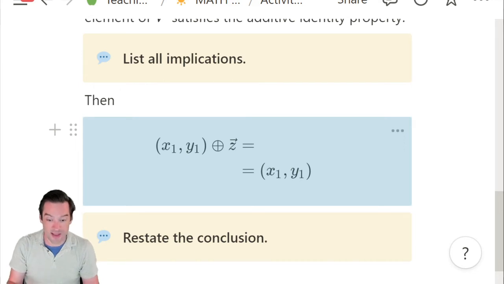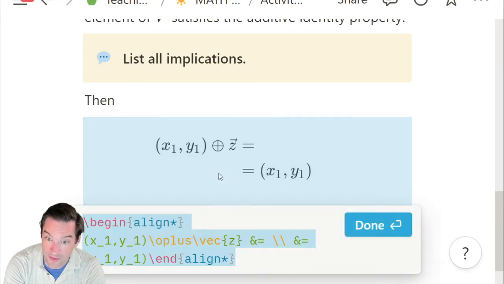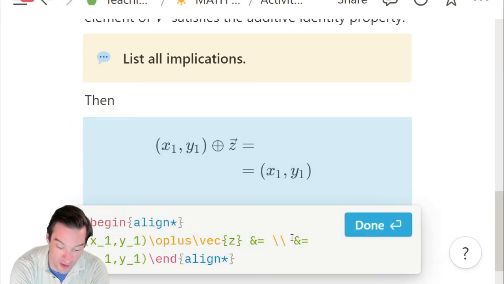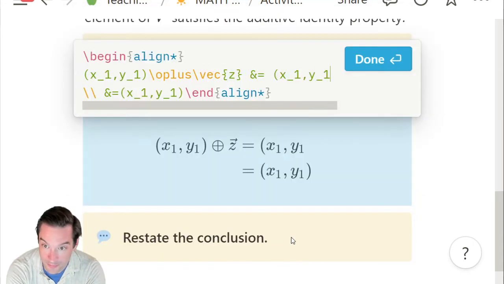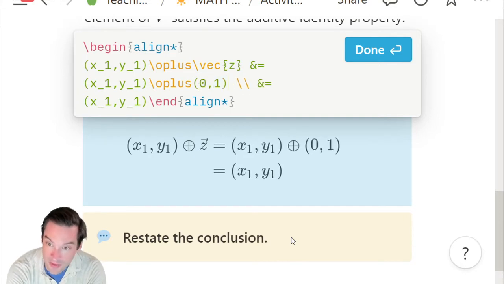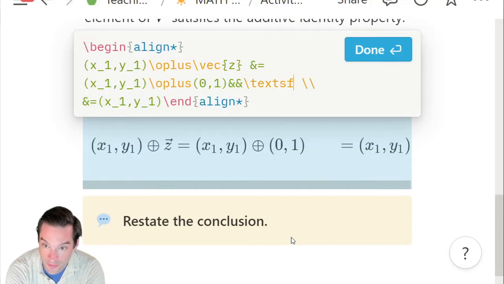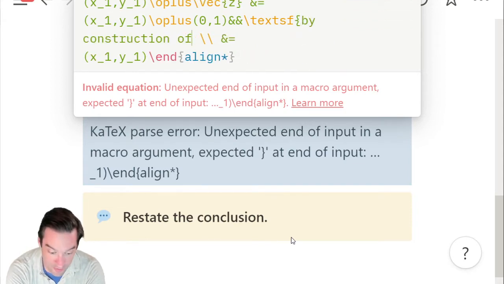For a lot of reasons that's not always the most convincing way to do it. So what this ends up looking like is we will remind ourselves of what that z definition is, (x1, y1) funny addition, and z is (0, 1) now, right? And so here in the margin, we will remind our reader that this is by our construction of z.